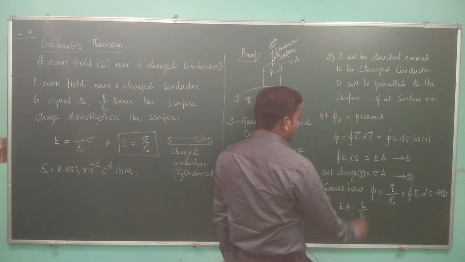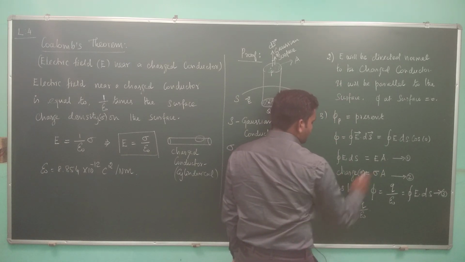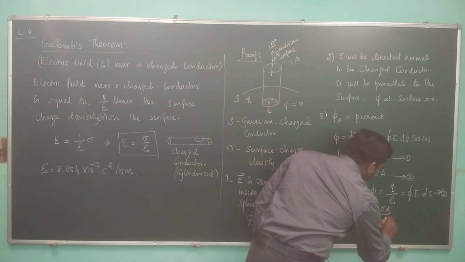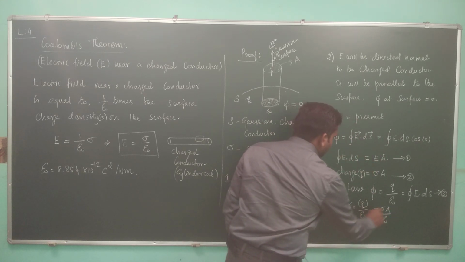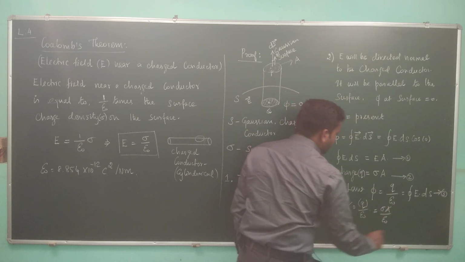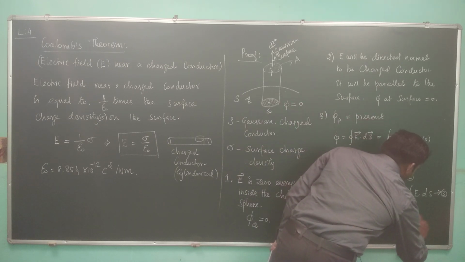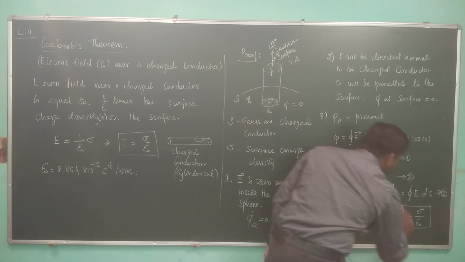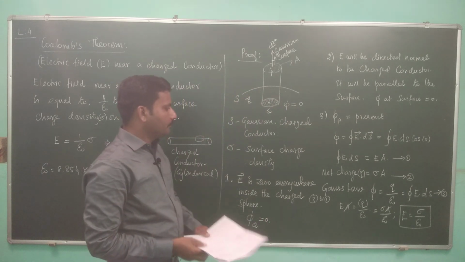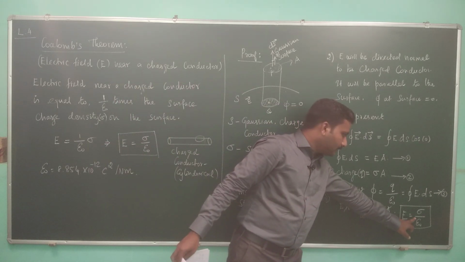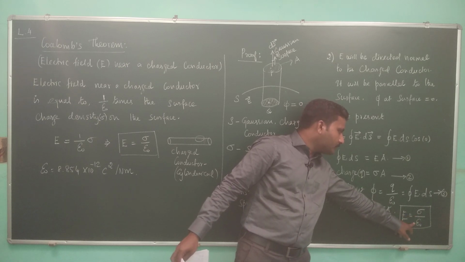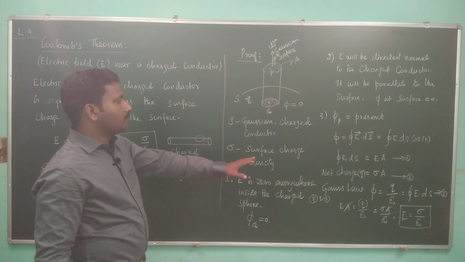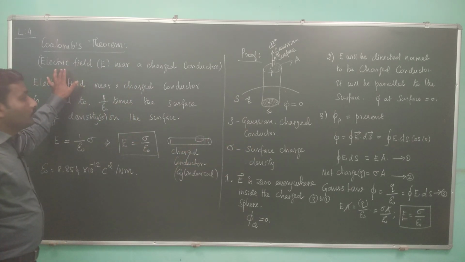Now the net charge q is equal to sigma A, so you can replace q with sigma A. Sigma A by epsilon naught, you can cancel out A and A, and the remaining E is equal to sigma by epsilon naught. So the electric field is equal to 1 by epsilon naught times the surface charge density. This is the proof for Coulomb's theorem.